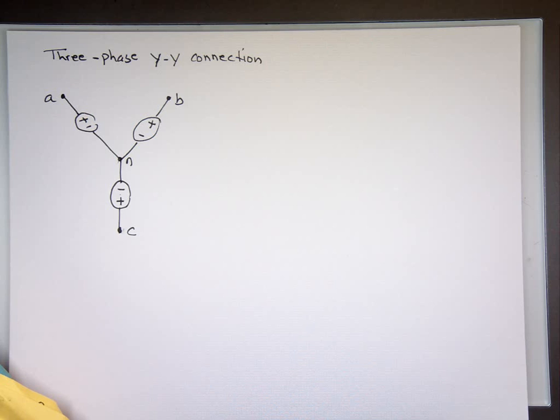Now, sometimes you hear the book talks about positive ABC three-phase system or negative. Let's talk about positive versus negative.